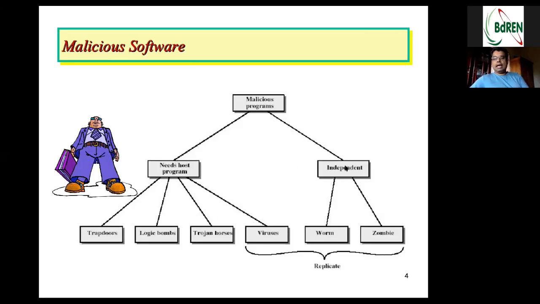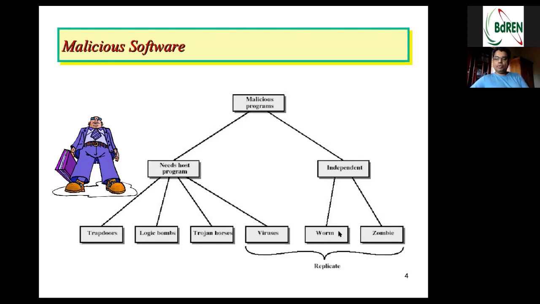live. And there are two other types of malicious software, called worms and zombies, spreading over cyberspace. They are independent malicious codes. They don't need any host program. They can independently spread from one infected machine to other similar machines, meaning machines with similar vulnerabilities.